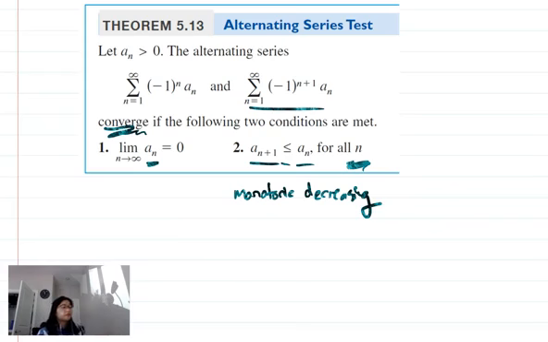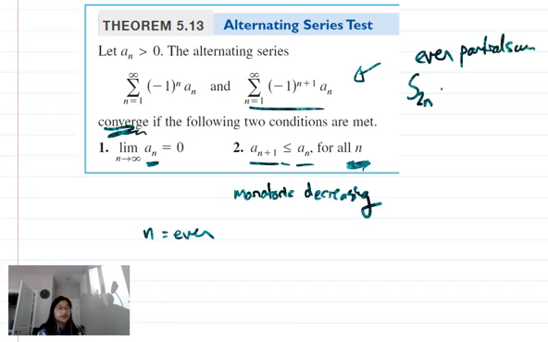Whenever we're looking at an even number of terms, we have pairwise things that we can group together, so that our even partial sum, s sub 2n, gives us a sub 1 minus a sub 2 plus a sub 3 minus a sub 4 plus a sub 5 minus a sub 6, and so on.